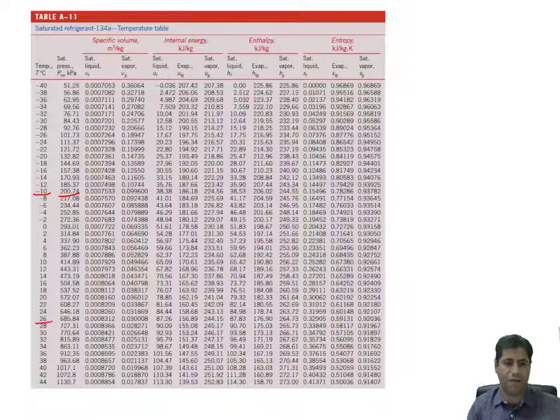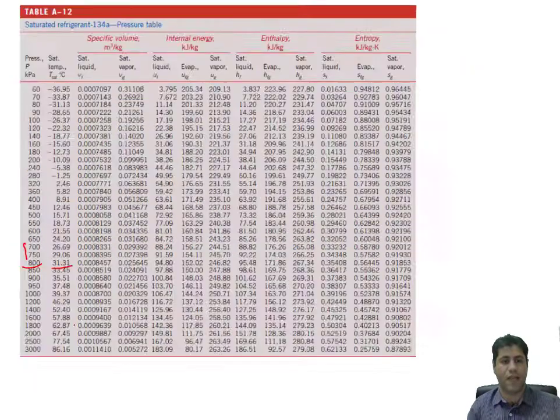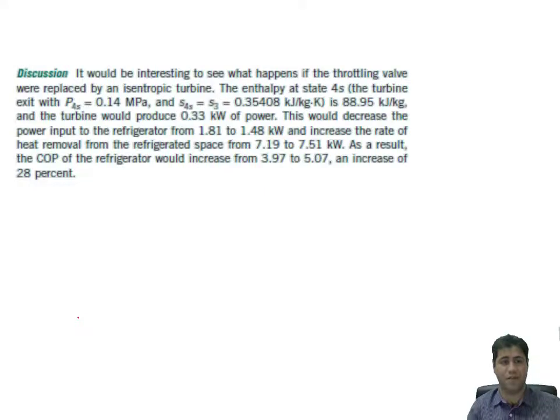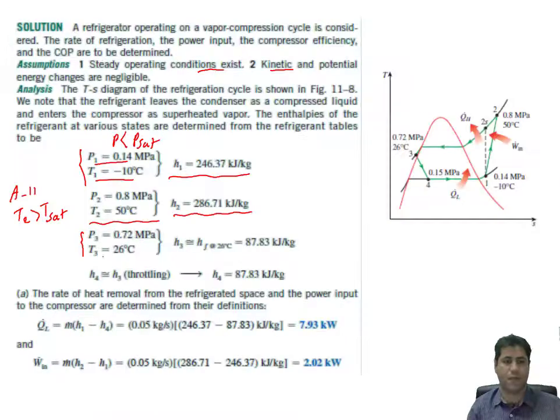Yes, we have 26 degrees Celsius, and you can see the saturated pressure is 685.84 kilopascal, and the pressure which we have here is 720 kilopascal actually. As you can see, the pressure here is higher than the saturated pressure.